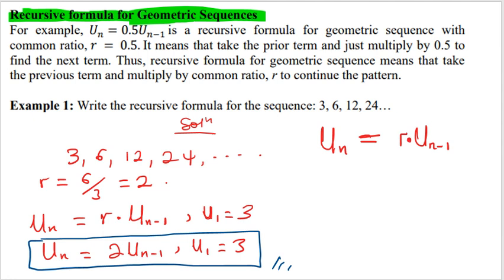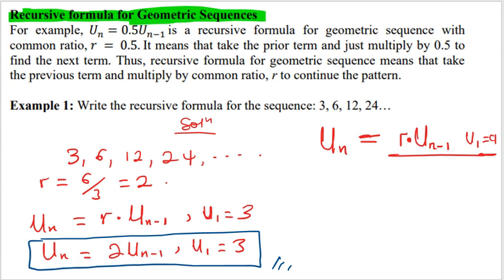Once you multiply by a common ratio, then if you know your first term U1 to be A, we can use this definition to find the remaining terms.